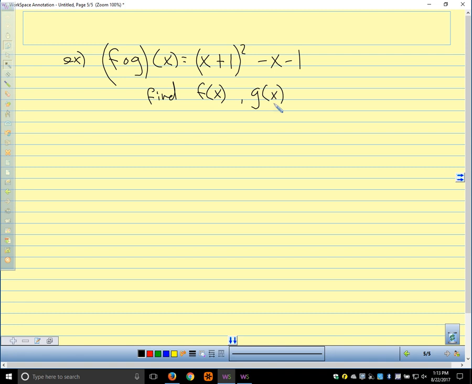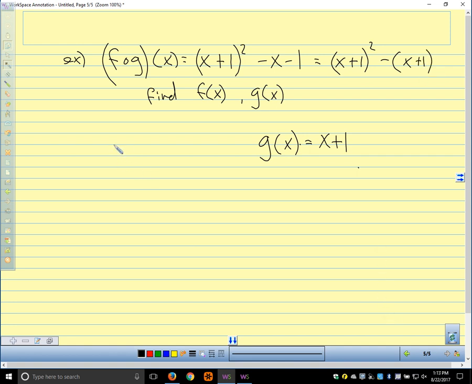So looking at that first term, what does it seem like that inside function, that g of x, should be? It seems like g of x should be x plus 1. Is there a way that we can make this other piece have an x plus 1 also? Factor, yeah. Minus x plus 1.